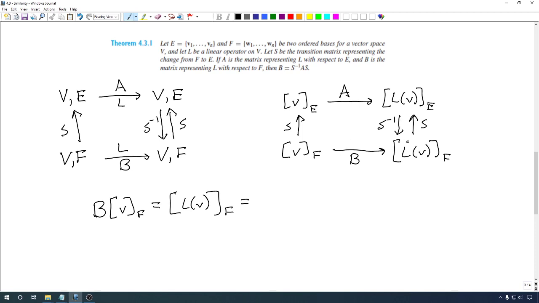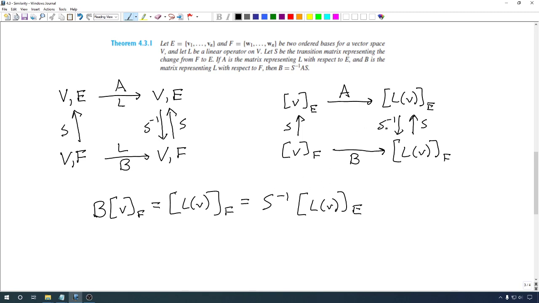We can get that from L of v in E by multiplying by S inverse. So really, this is the same thing as S inverse times L of v in E. Here we're working with the same vector, but in different bases.